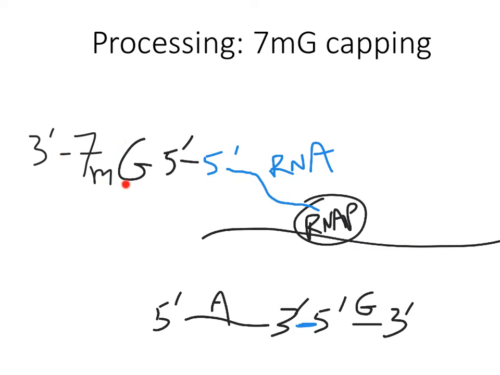This prevents that 5' end of the new RNA molecule from being recognized as RNA. There's no 5' end anymore, there's just another 3' end. And there are no enzymes, well, there are no foreign enzymes that can cleave that sort of 5' linkage. All you need to know. So it protects the RNA from being degraded.